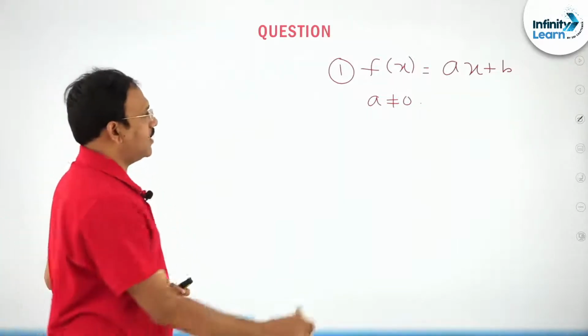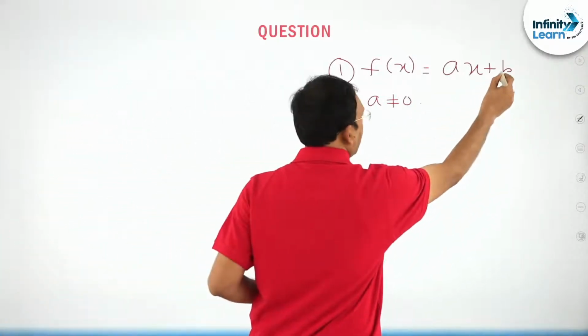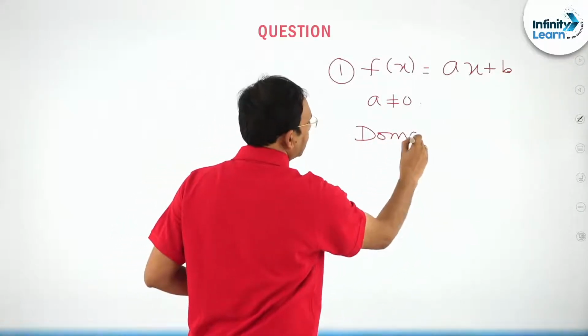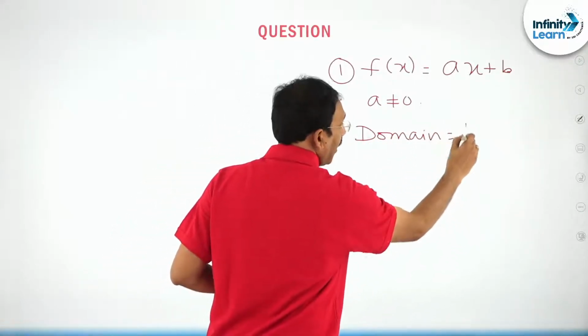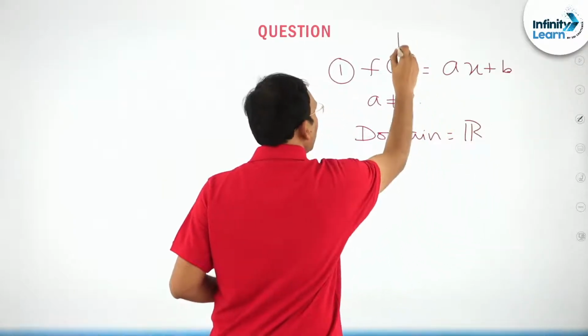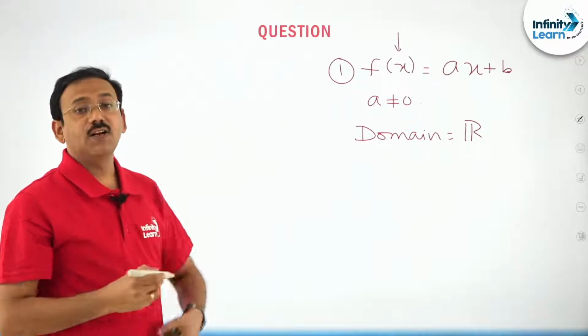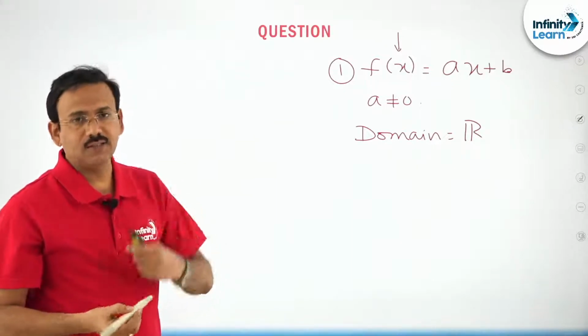Point number 1, friends, since it is a polynomial, domain is very clear, its domain is going to be R, because you can give any real number as input. So domain is R. Now what about the range?